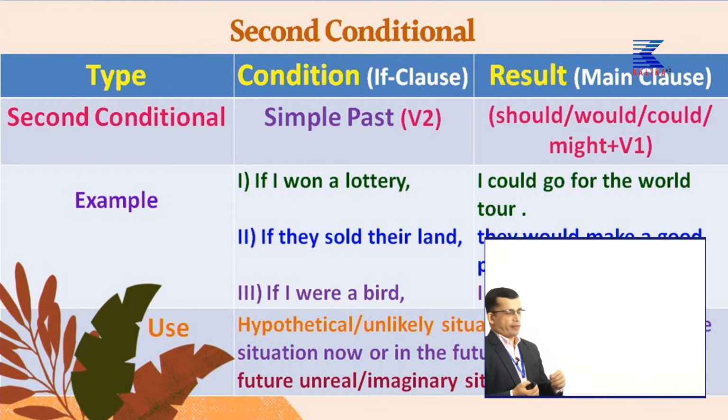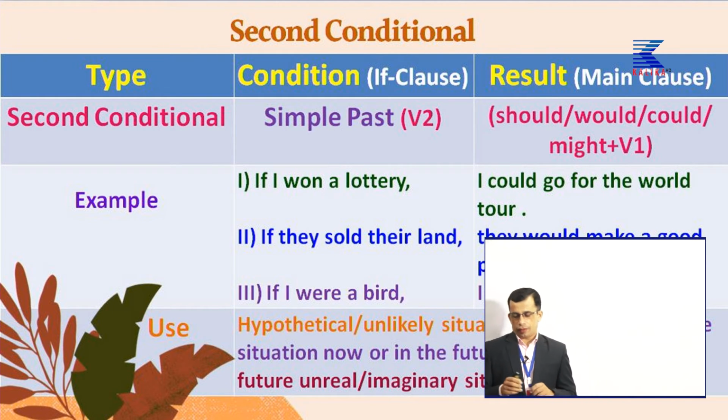Let us have a glance at these examples. If I won a lottery, I could go for the world tour. So, in the if clause, there is the use of simple past, verb 2. So, in the main clause, could plus verb 1 has been used, right.